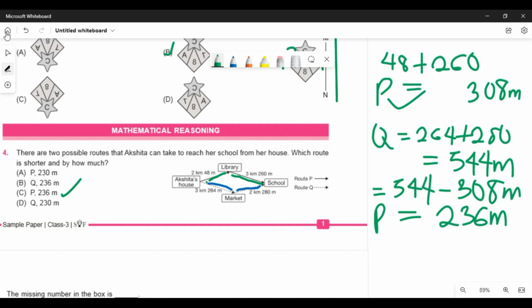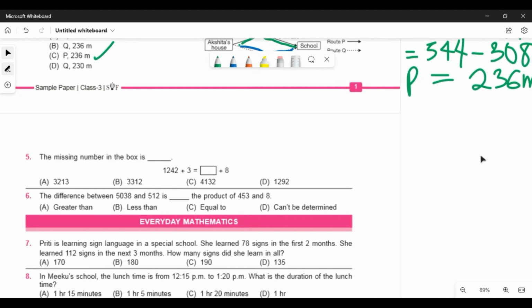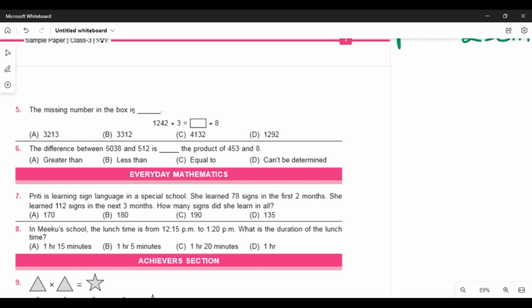Now let's consider the next question. Question number 5 says the missing number in the box is what?